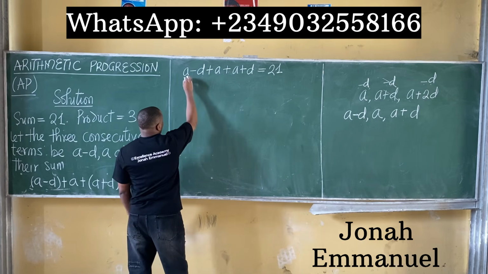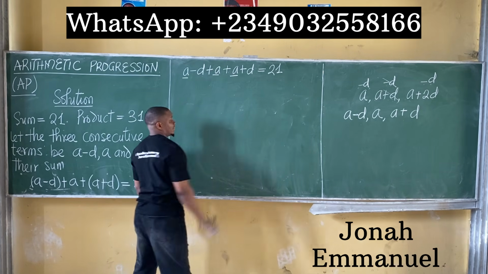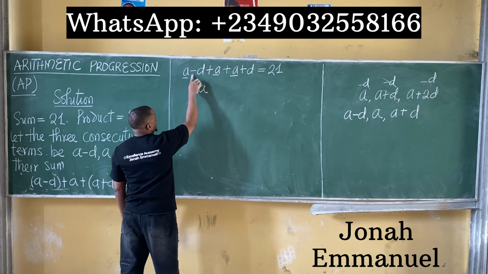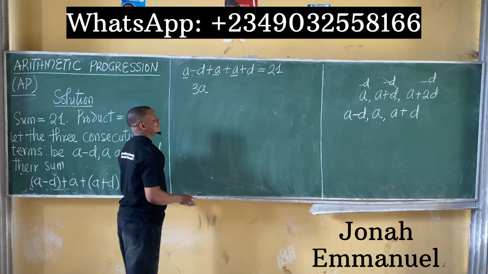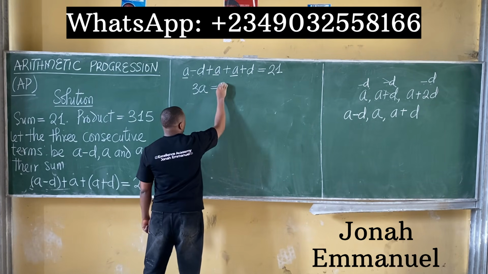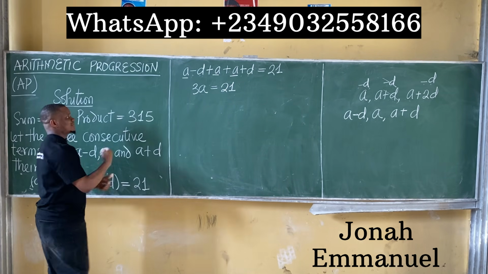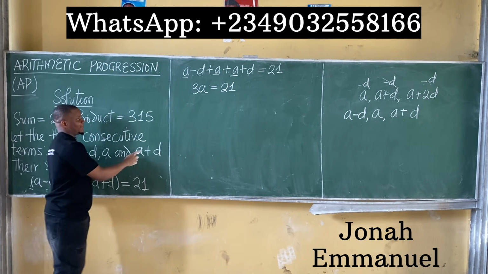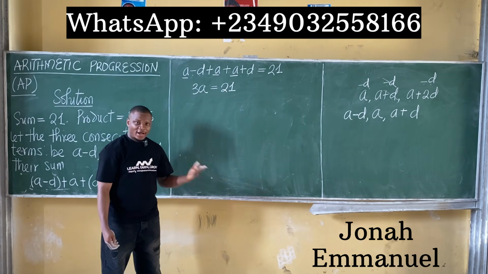From here, A plus A is 2A, 2A plus A is 3A. Then minus D plus D gives us 0, it cancels out. So this will now be equal to 21. If we use the consecutive terms as A minus D, A, and A plus D, you can see that one of the unknowns, which is D, will cancel out.